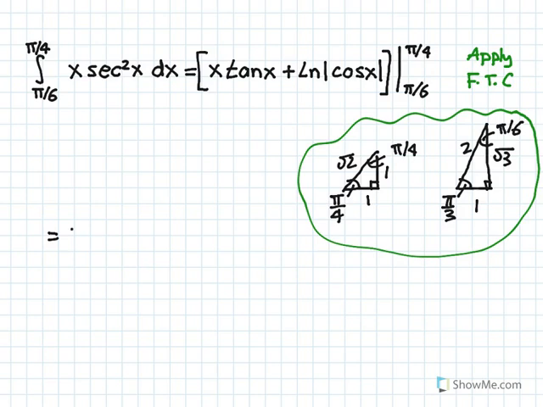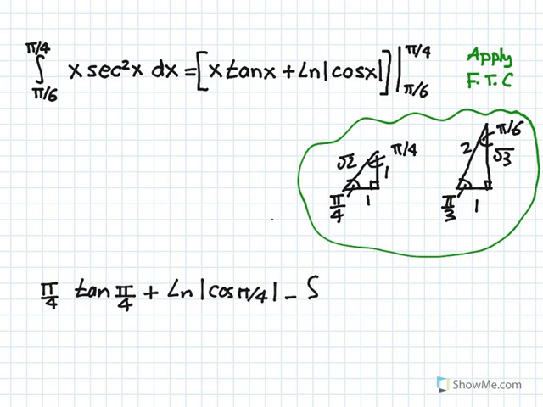Substituting the upper limit in, we get pi over 4, tangent of pi over 4, plus log of cos of pi over 4. Let me rewrite this on a lower line so everything is easier to see. So we get pi over 4, tangent of pi over 4, plus log of cos pi over 4.